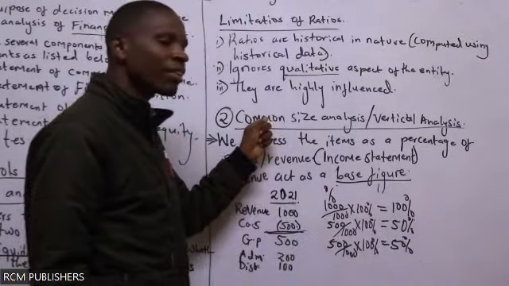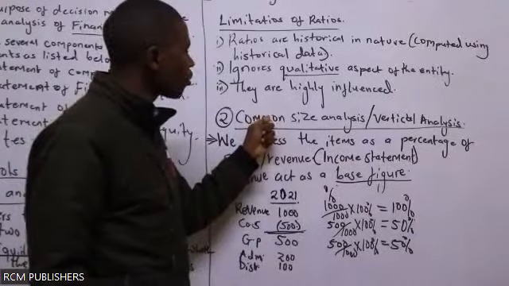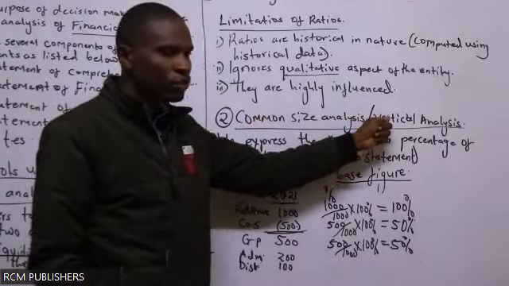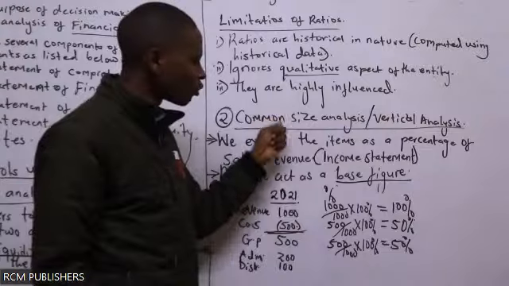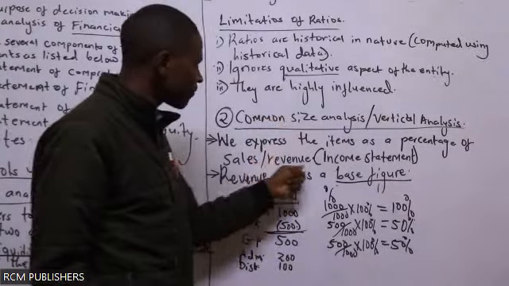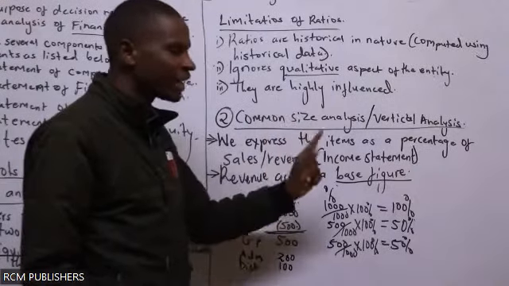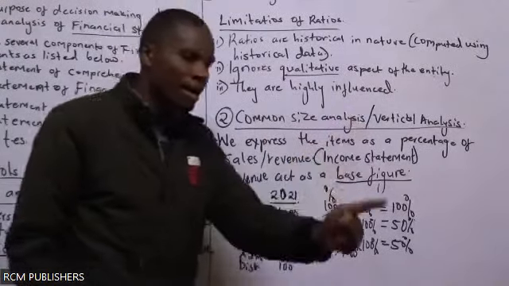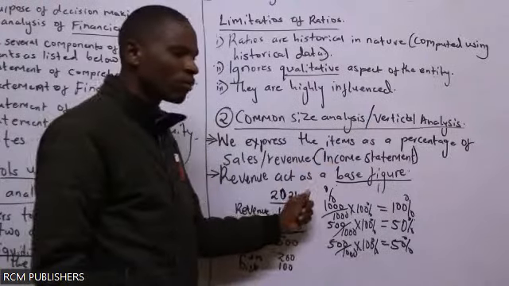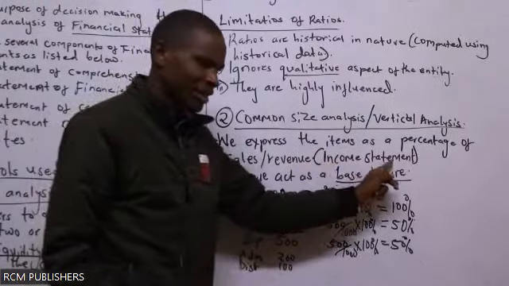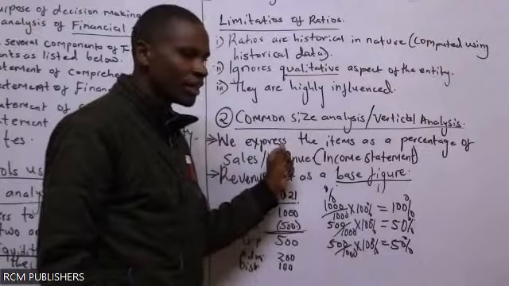Look at the word here, common. Although another time the examiner will tell you vertical. Common. So our sale, just revenue, is common in every item. But remember, we are talking about under income statement. Under income statement, revenue is common.